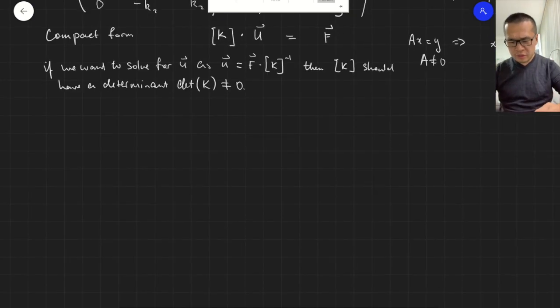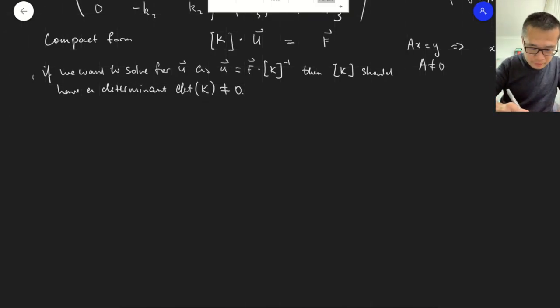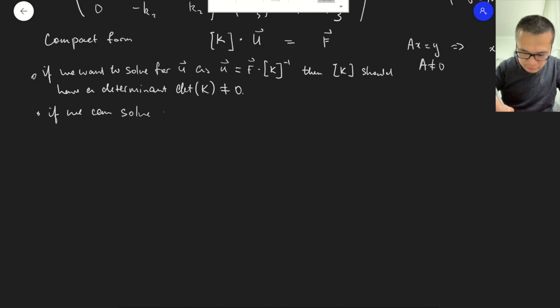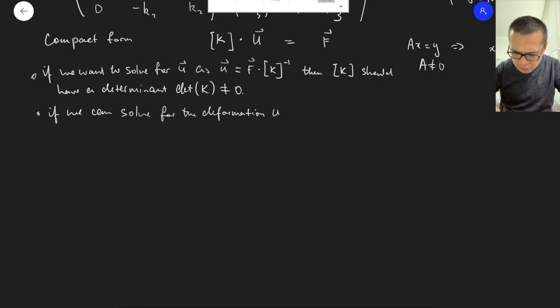Why do we want to do this? Because if we can solve for the deformation U, what do we know?